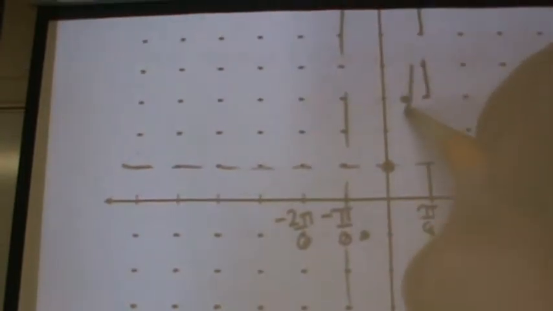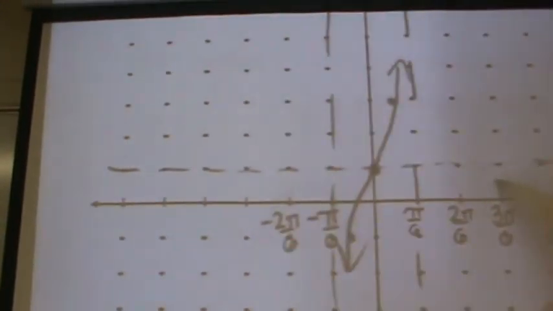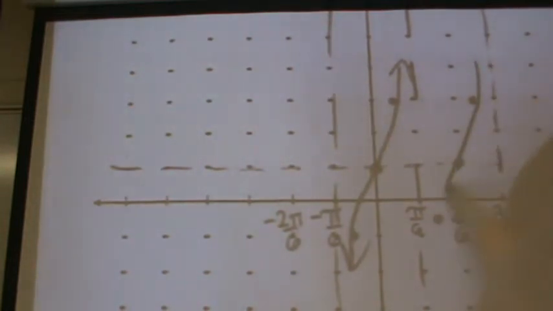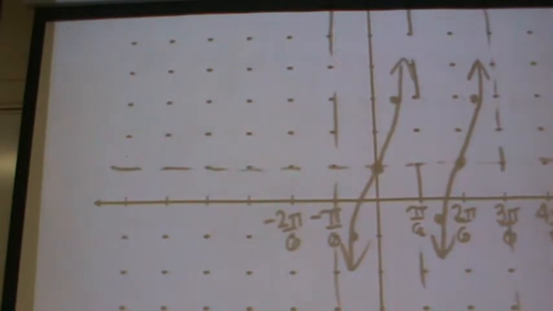So you're gonna go 2 up and 2 down. So this is 1 period right here, and I can do this one right here too. So at 3 pi over 6, you're gonna have another asymptote. Questions? Okay, one more graph.